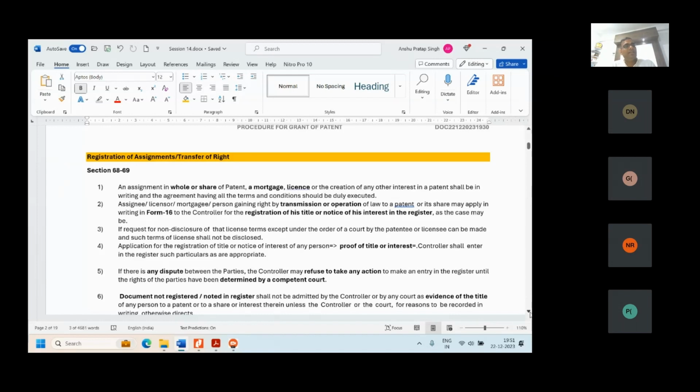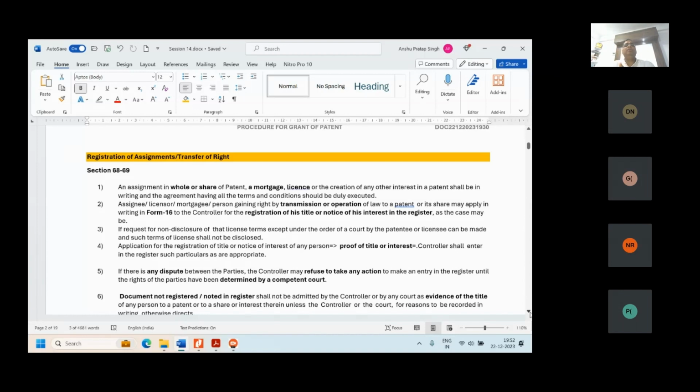You can license it and get the license fee. There can be any other, for example, you are going for part of the patent or the whole of the patent, which means you have only given the right to manufacture the product, not sell. You have said you manufacture and give it to me, I will sell. Or you are giving manufacturing right to someone and selling right to someone else.